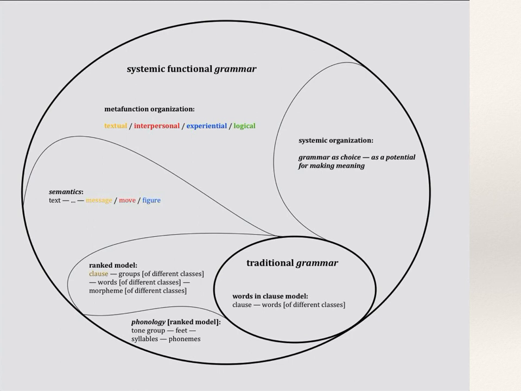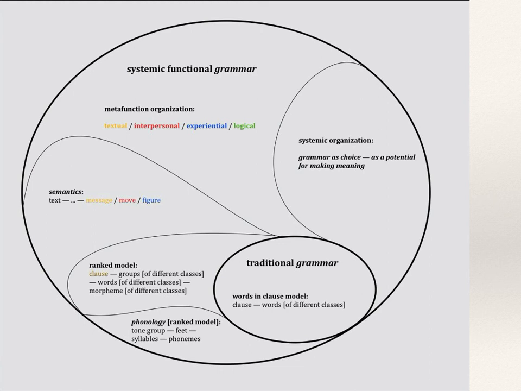To phonology, the clauses related to the tongue group, as we'll see. To semantics, we see the role of clauses relative to whole texts and parts of texts. Internal in the grammar, we posit groups and phrases between clauses, sentences, and words, and we recognize that words actually consist of morphemes.